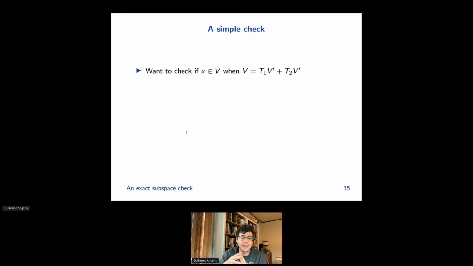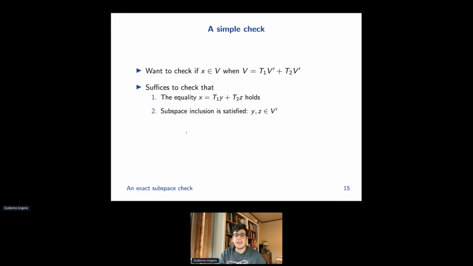And we also know that it has this recursive substructure. Specifically, we know that it can be written as the sum of two vector spaces, T1 times V prime and T2 times V prime. So the vector space V can be written in terms of these other vector spaces, some matrix times V prime.